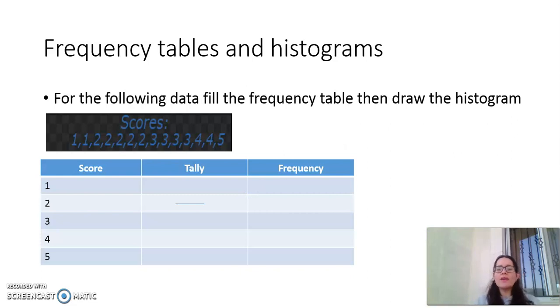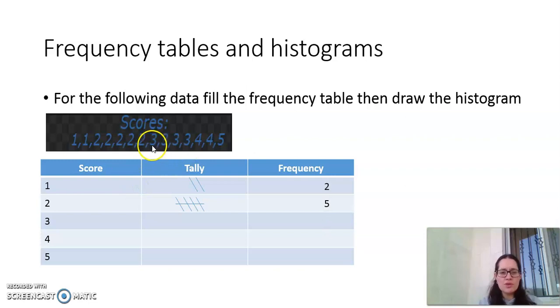For the following data, fill the frequency table, then draw the histogram. How many students score 1? 2 students, so 2. How many students score 2? 1, 2, 3, 4, 5. So 5 students score 2 points.